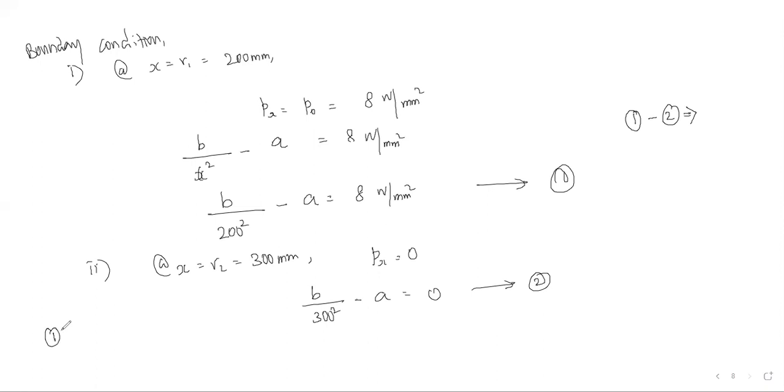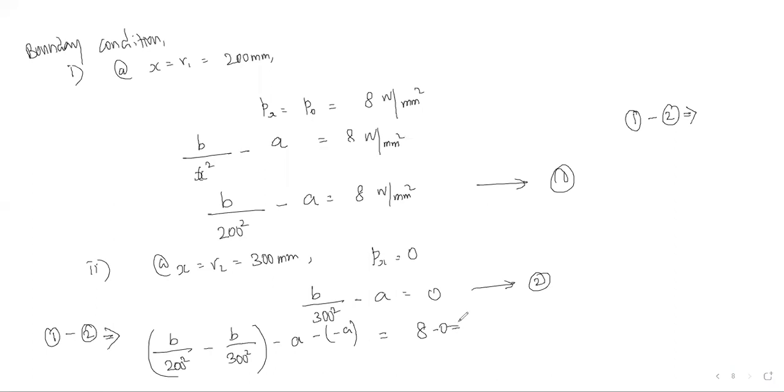So 1 minus 2 becomes B divided by 200 squared minus B divided by 300 squared, and minus A minus minus A becomes plus A, is equal to 8 minus 0.